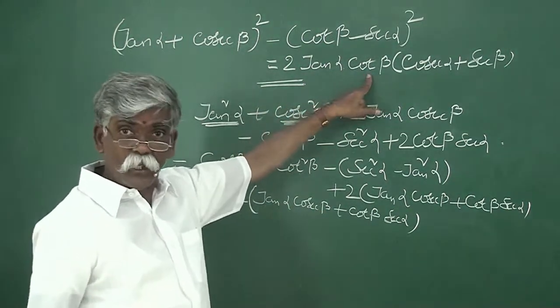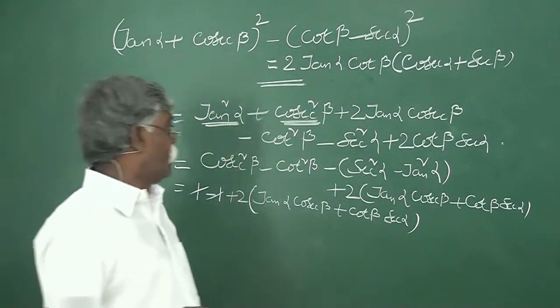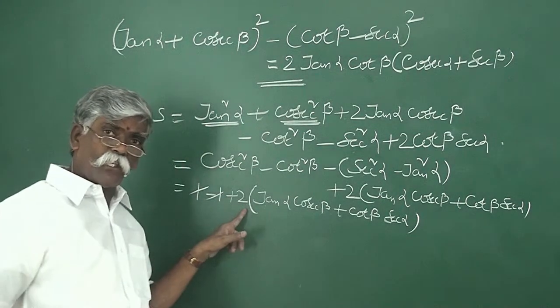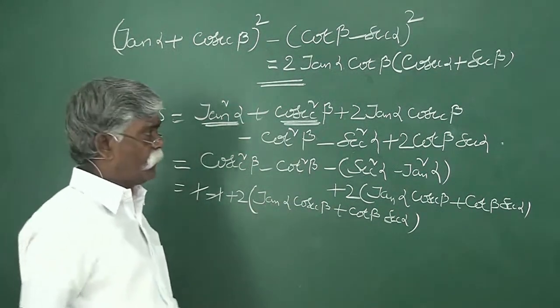Here it is tan alpha into cot beta. If we want tan alpha into cot beta, let us multiply this by tan alpha into cot beta and divide this by tan alpha into cot beta.